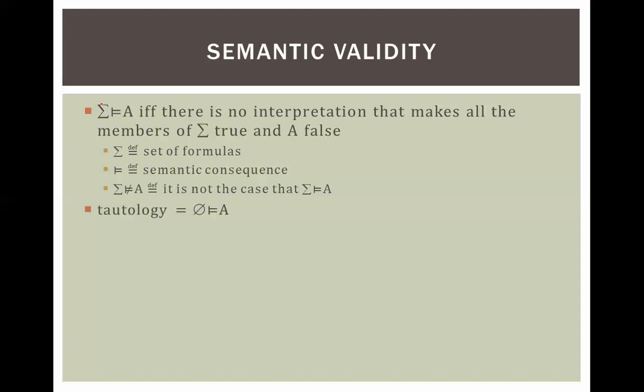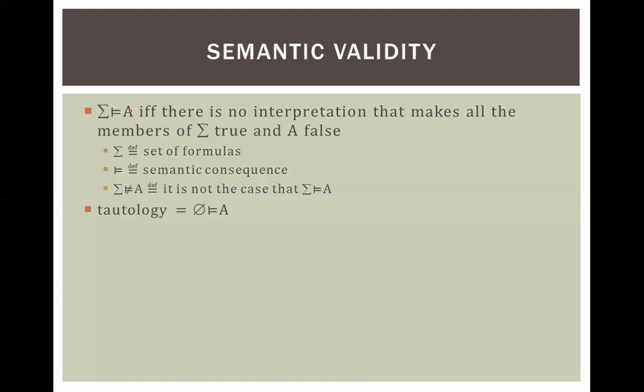Remember, this sigma, this Greek capital letter, stands for a set of formulas, the premises, the things that you're going to use to get to the conclusion. If this set is all true, and A cannot be false, then sigma semantically entails A. So in other words, you can conclude A from sigma.